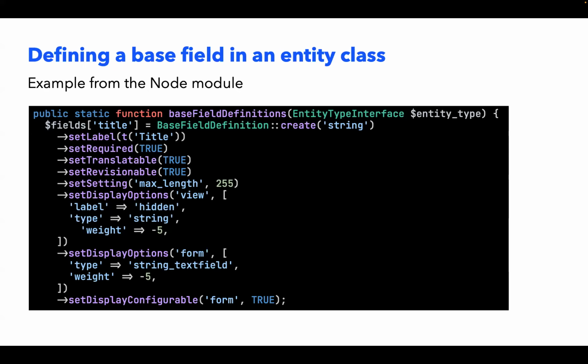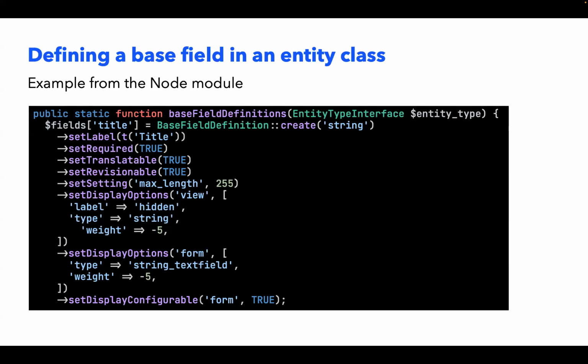And so the display options being set here for view are that the label is hidden, the weight, and that it's a string type field formatter. That's not changeable, because setDisplayConfigurable is not set to true for view.